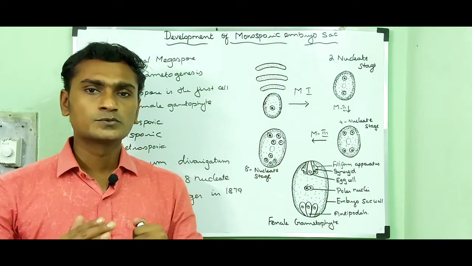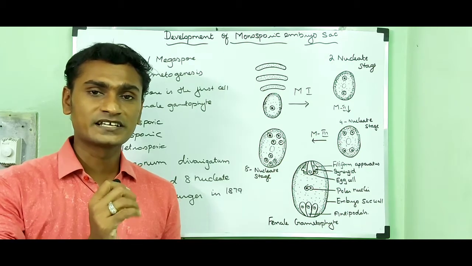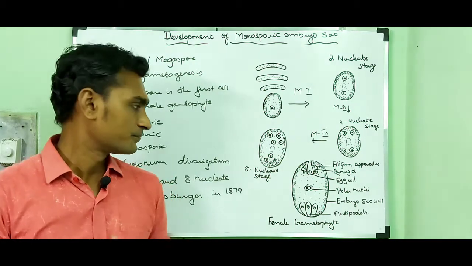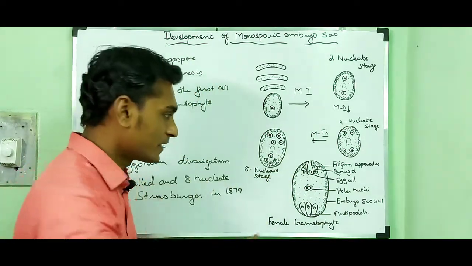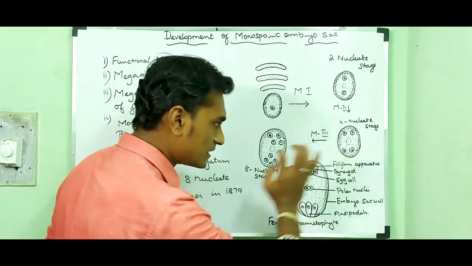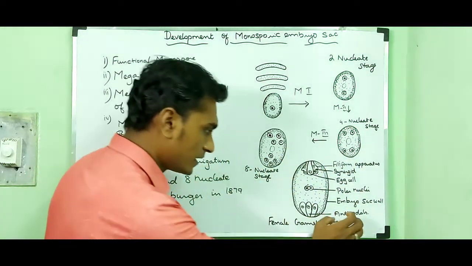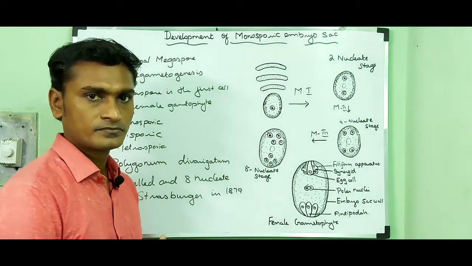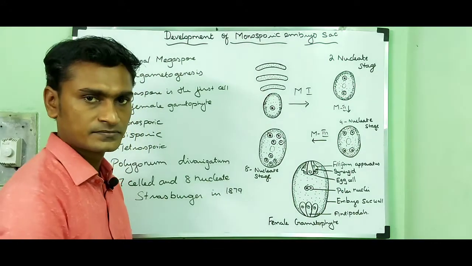Then I am going to tell about the structures which are present inside the embryo sac. Inside the embryo sac, we are able to find egg cell, synergid, filiform apparatus, secondary polar nuclei, and antipodals. I am going to tell about these structures.